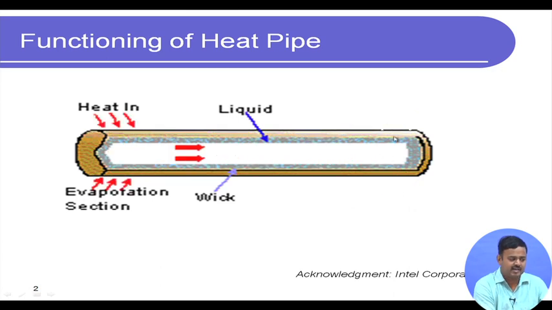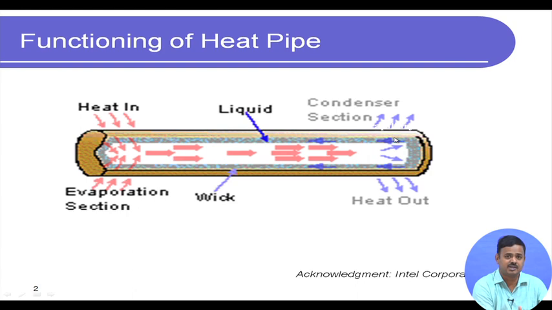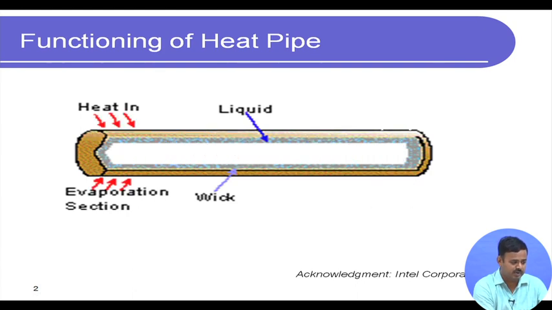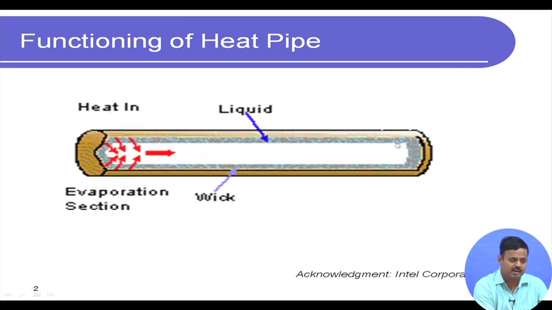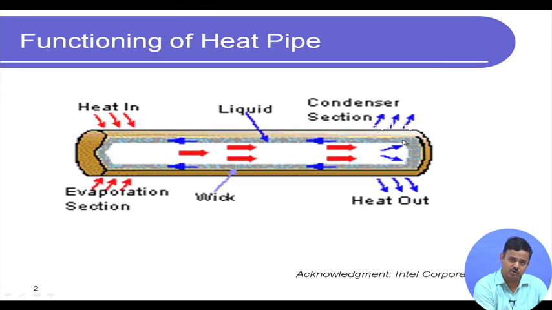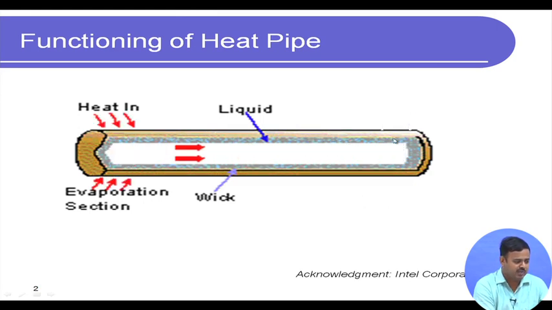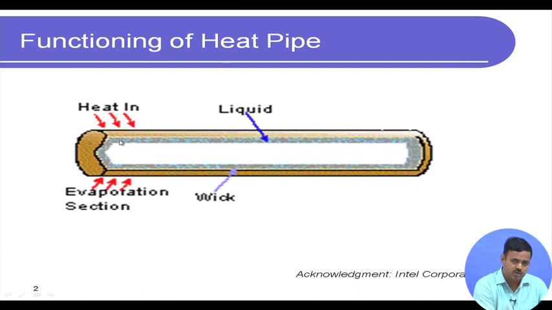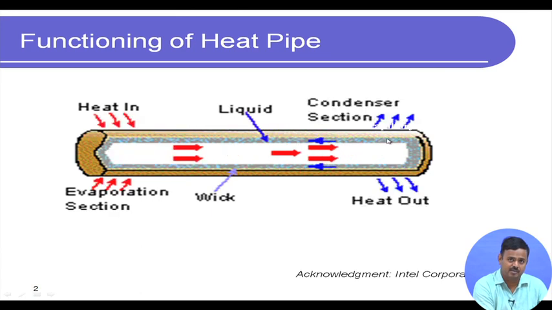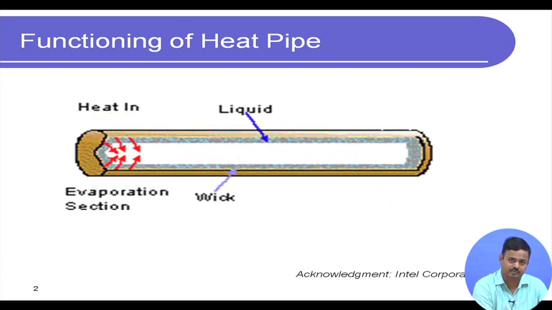As it reaches the other end, which is cooled or subjected to a colder ambient, the water vapor condenses. It rejects heat and condenses again back to liquid water, and the liquid water then comes back to the hot end through the wick because of capillary action.